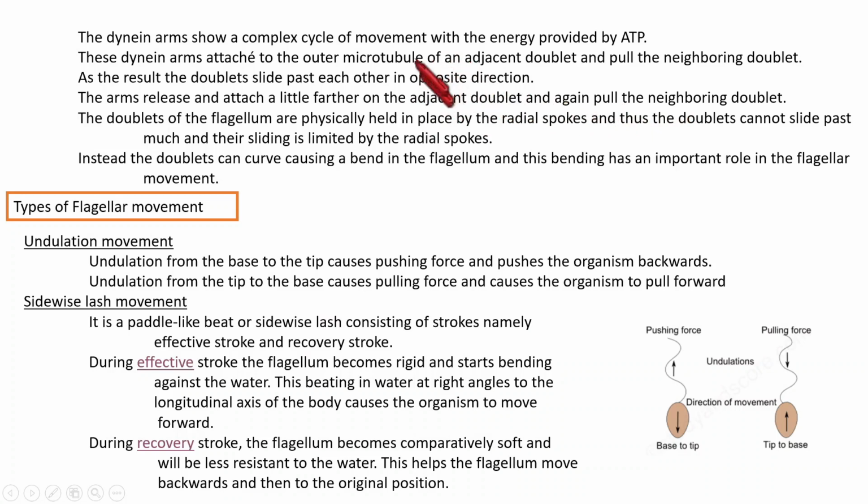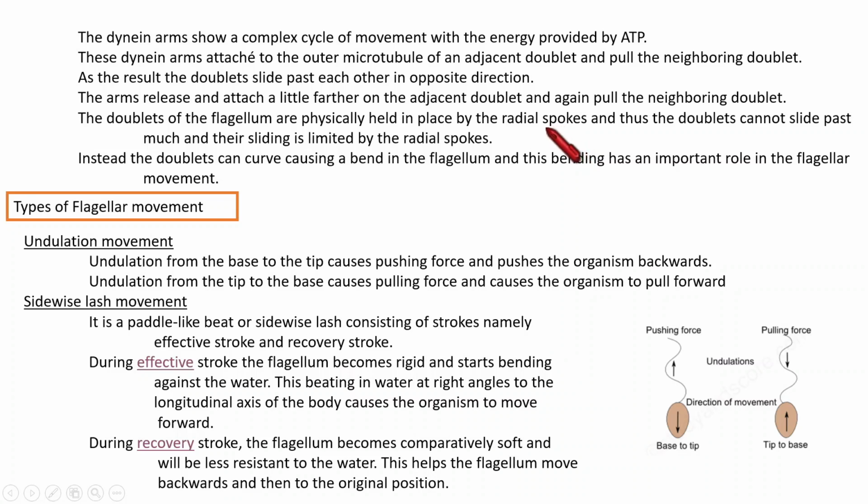So the entire process cycles, and because of that pulling, the microtubule doublets will not slide past too much. Why? Because the extent of sliding is restricted by the radial spokes that hold the microtubule doublets in position.